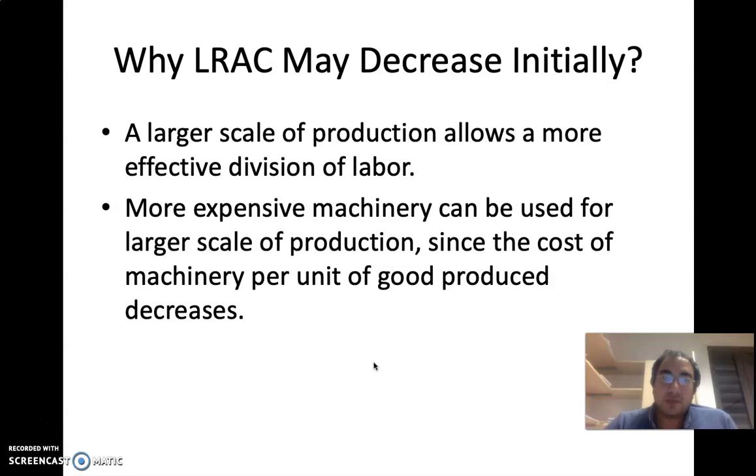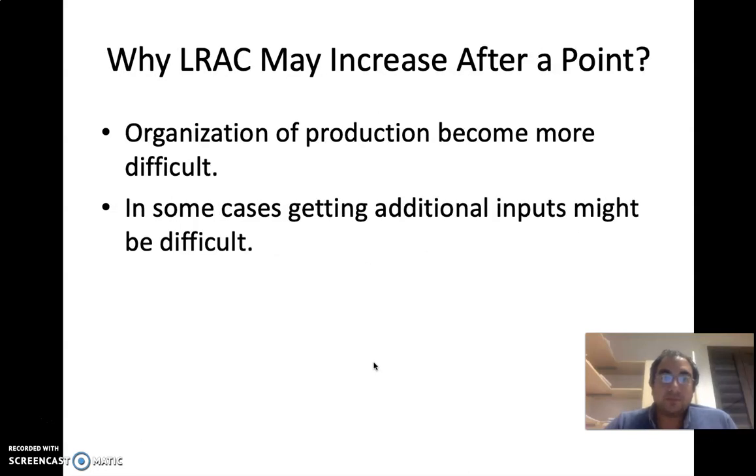One is that the organization of labor might become more difficult as you have more workers. The other is that getting additional inputs might be more costly when you have a larger company which is producing more.